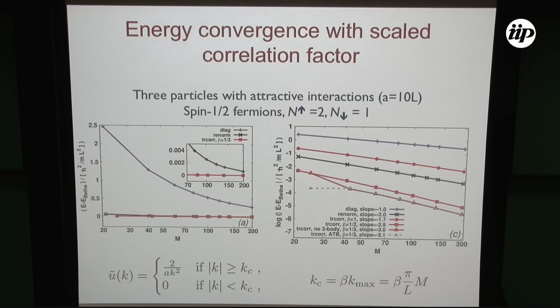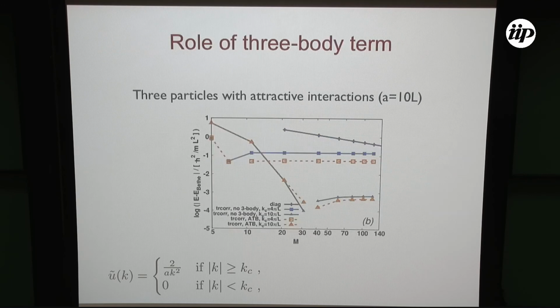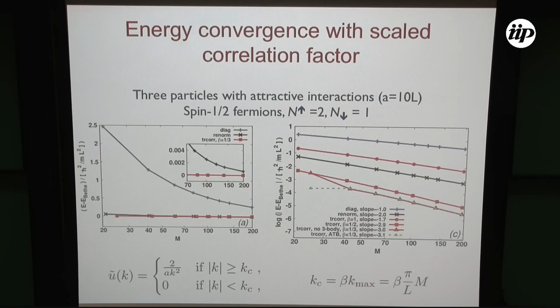This is actually what you see here. 3-body terms have different size, right? The Jastrow factors can have different sizes, and if you adjust the Jastrow factor such that it becomes smaller in range in position space as you expand your basis.